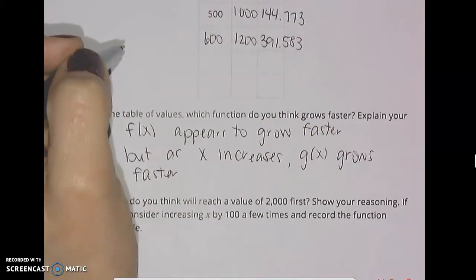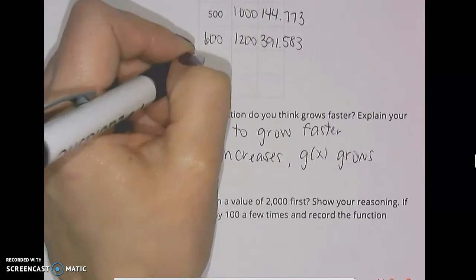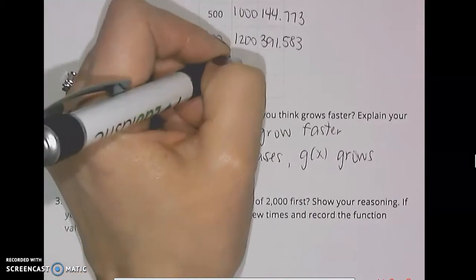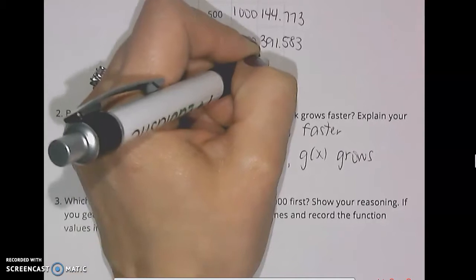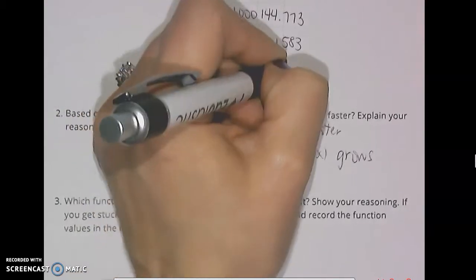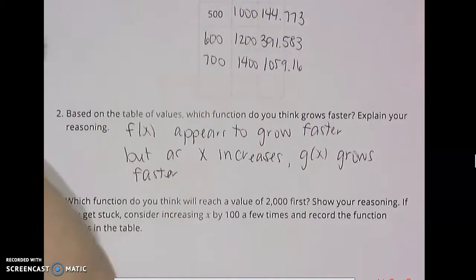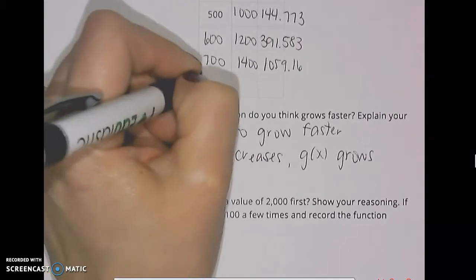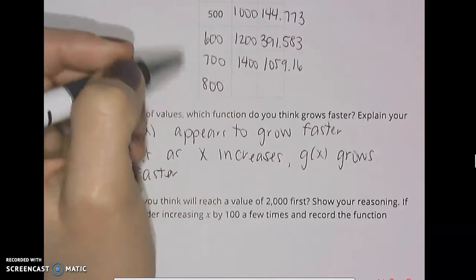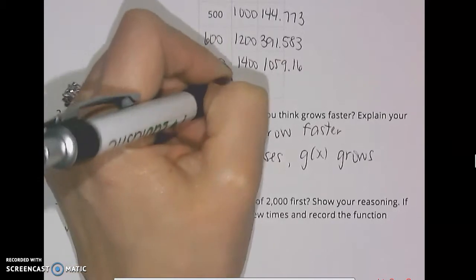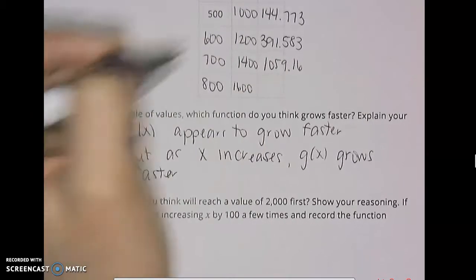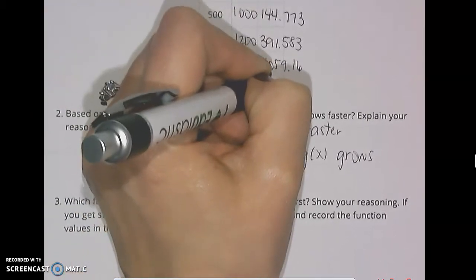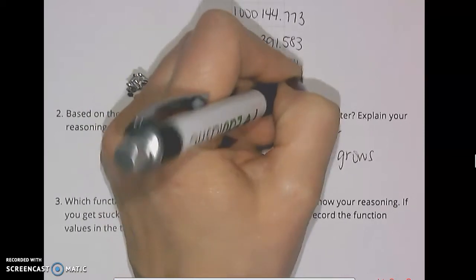So neither one's at 2,000 yet, so let's plug in 700. So then that would give us 1,400 here and 1,059.16. Still neither one, so 800. That would give us 1,600 for the f of x function, and for the g of x function, it would give us 2,864.831.